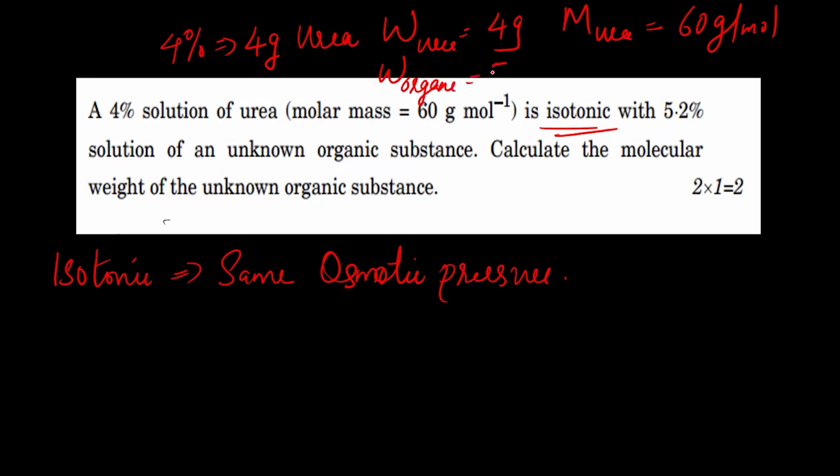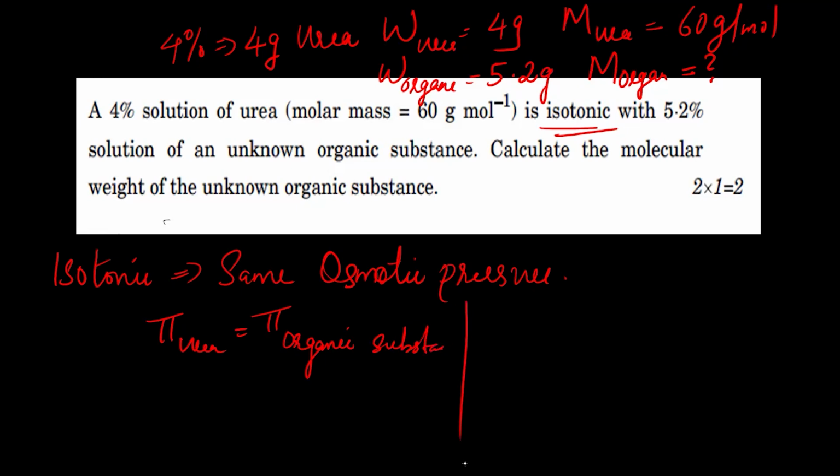So the weight of that organic substance is 5.2 gram, and you are asked to find its molar mass. Since it is an isotonic solution, what is clear? The same osmotic pressure means pi of urea will be equal to pi of the organic substance, right? So what is the equation connecting this, weight and molar mass?